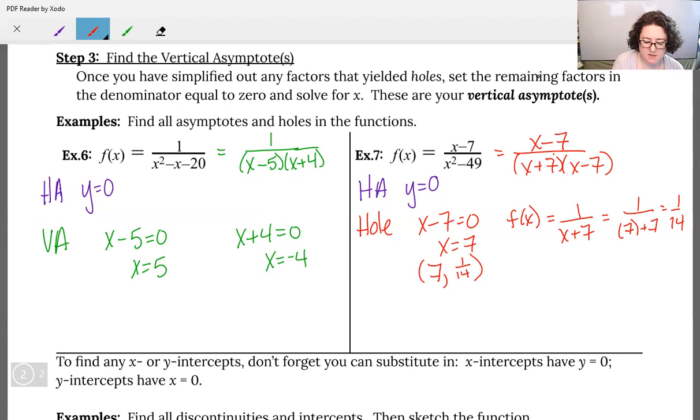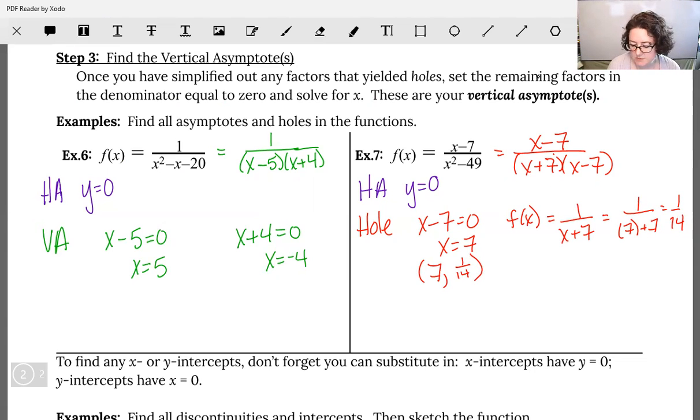And then our last piece is to look for our vertical asymptote. So any of the factors left over after we simplify. If we simplified out the x minus 7, we still have left the x plus 7. So for the vertical asymptote, set that leftover factor equal to 0. And there's our vertical asymptote.